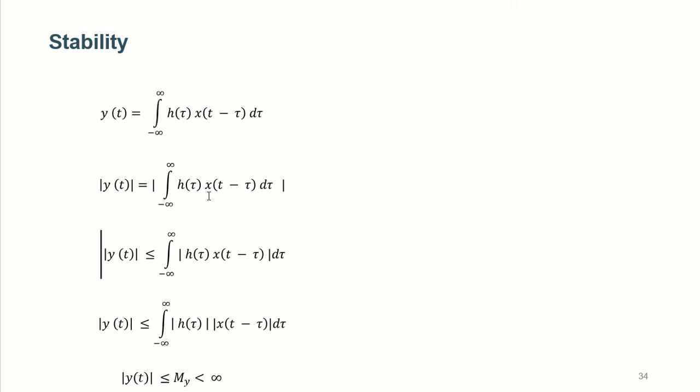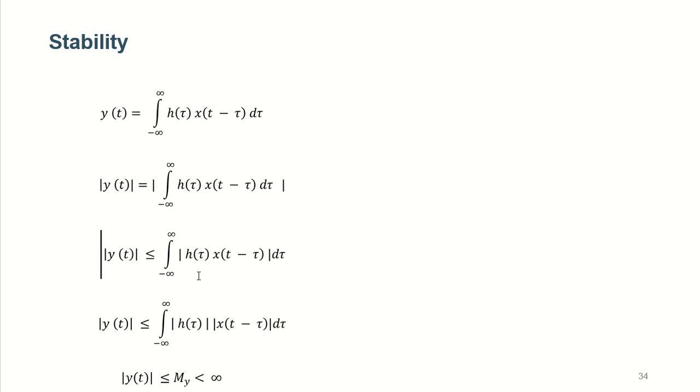We just took the bracket and put the modulus over my original values h of tau into x of t minus tau, and we separated the integral limits. So we can write it this way as well. And after this, we put separate modulus over h of tau and over x of t minus tau.